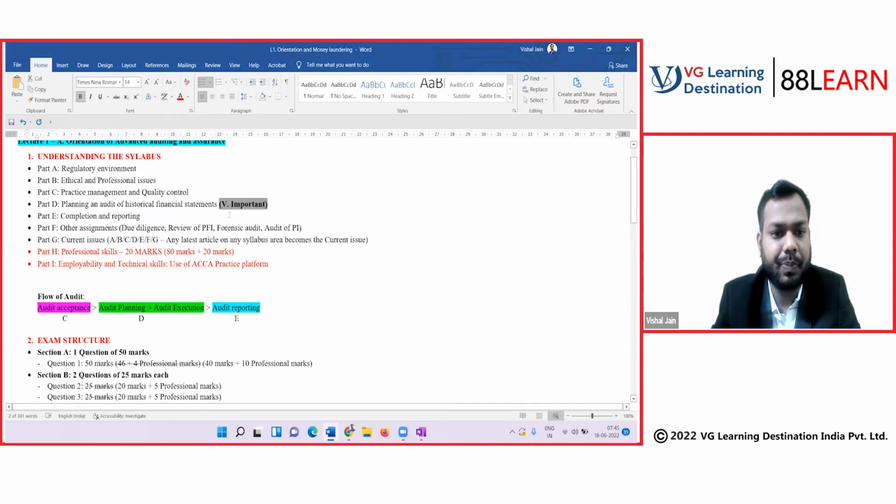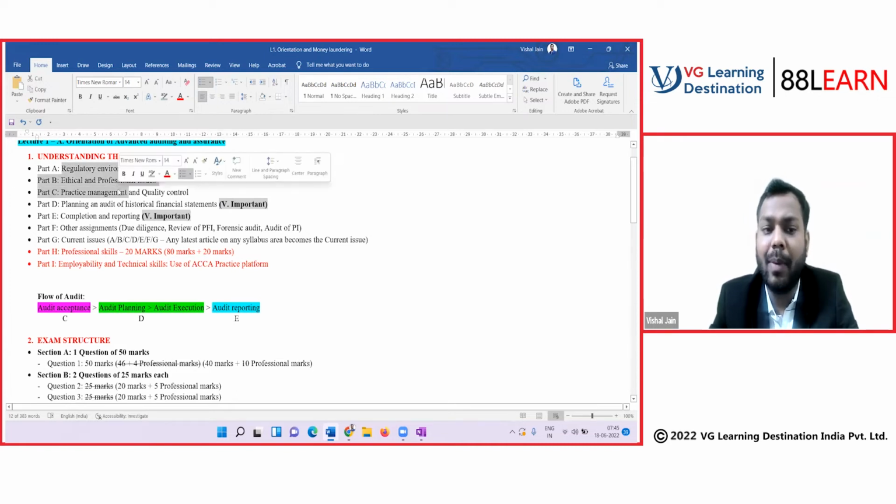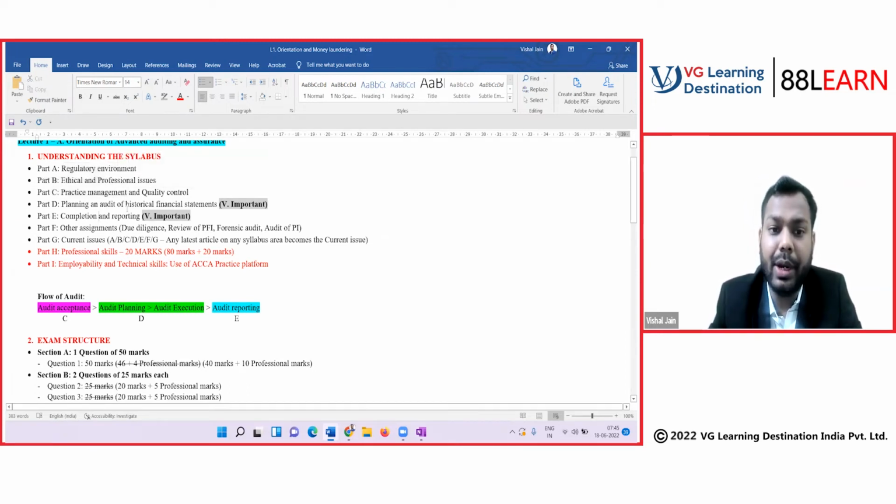Now, does that mean that if these syllabus areas are very important, the other syllabus areas are not important? No. Why? Because if you don't understand A, B, and C, you will not be able to write the answer for D and E. That's a guarantee. So to write the answer for D and E, you need to be proficient in syllabus areas A, B, and C. That's the concern.